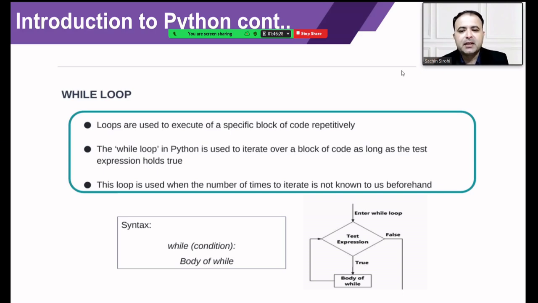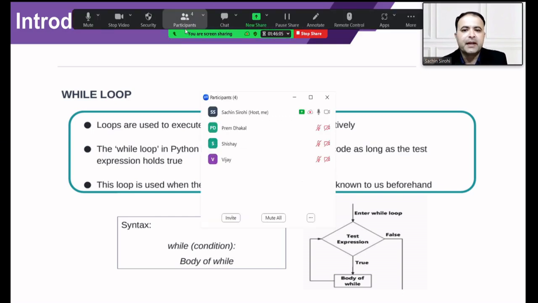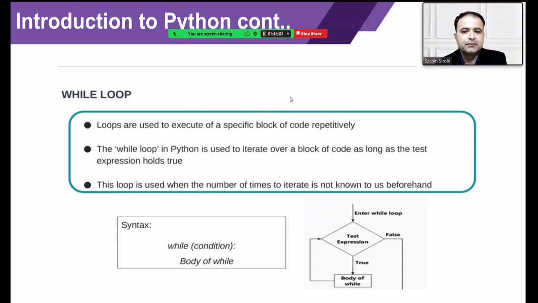The while loop in Python is used to iterate over a block of code as long as the test expression holds true. So the loop will be executed until the condition holds true. Like if I'm saying you have to say thank you 5 times, your mind counts: you say thank you 1 time, 2 times, 3 times, 4 times, and the 5th time. So it is the process of this.